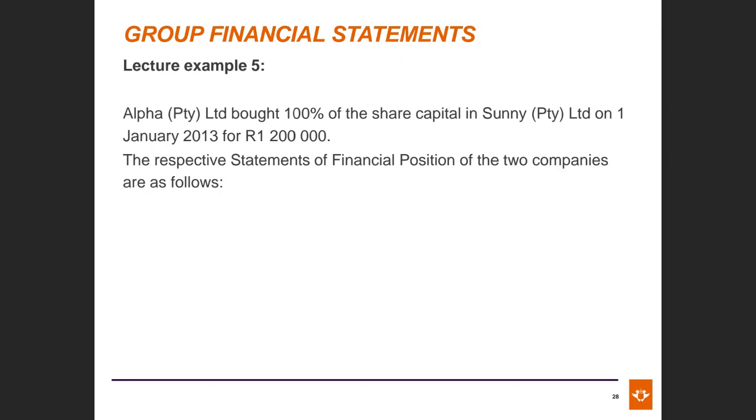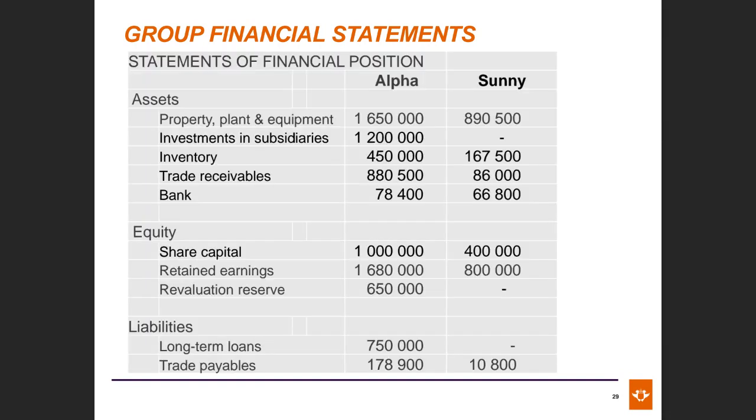Okay, so we have Alpha Pty Limited. They bought 100% of the share capital in Sunny Pty Limited on the 1st of January 2013 for 1.2 million. The respective statements of financial position of the two companies are as follows. So let's have a look at the statement.